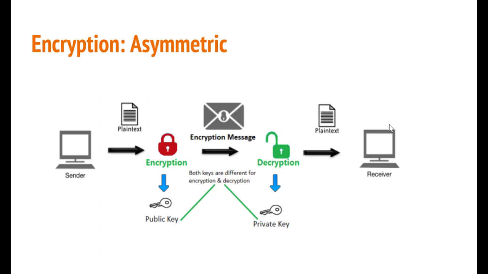So here we have to understand, suppose a sender is trying to send some message to the receiver. In that case, the sender has to use the public key of the receiver to encrypt the message. It is not the sender's public key, it is the receiver's public key it has to use.